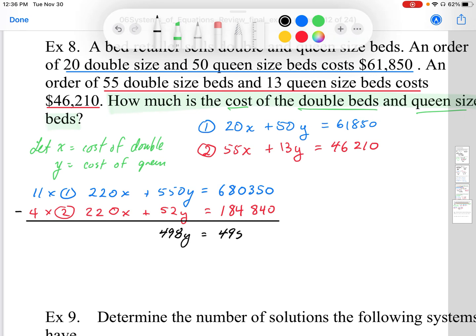I get $495,510. I can now solve for y. I'm going to divide both sides by 498. And when I do that, I end up with 995. And that represents the cost of one queen size bed.